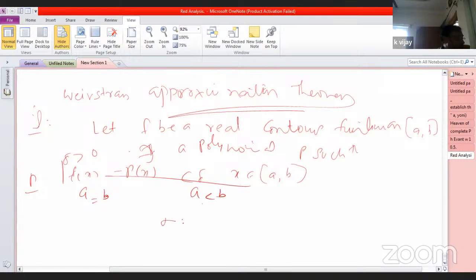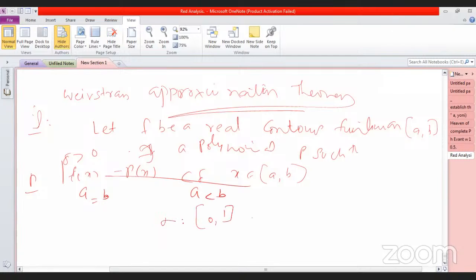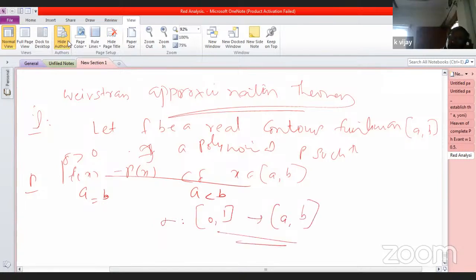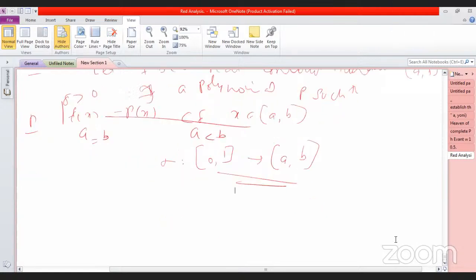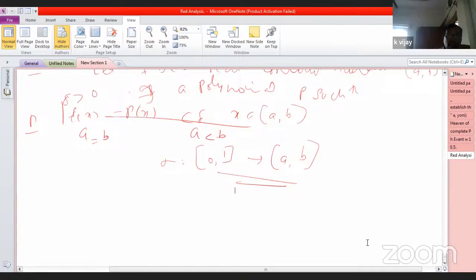One-one and onto, yes. Sigma from [0,1] to [a,b], so therefore we can take sigma(t) is equal to a plus (b minus a) times t.